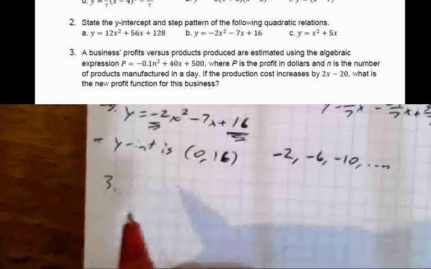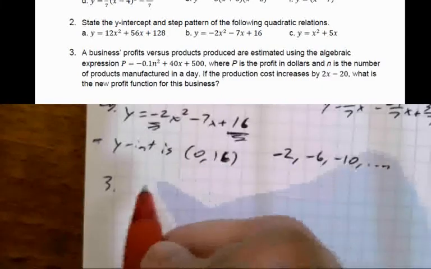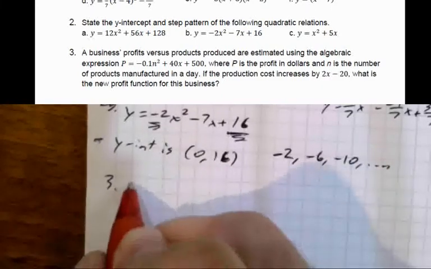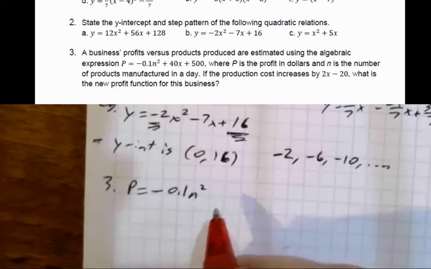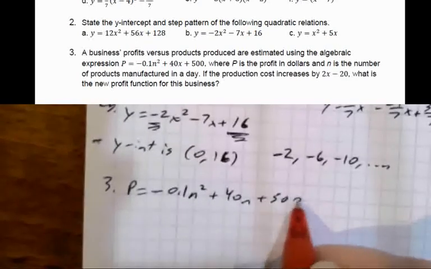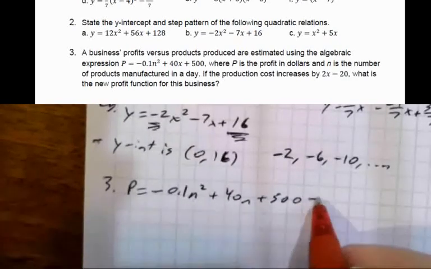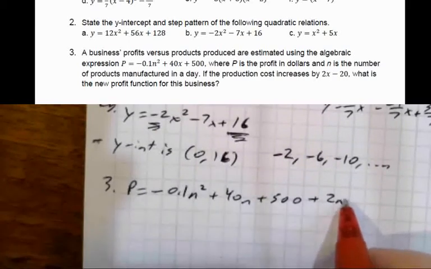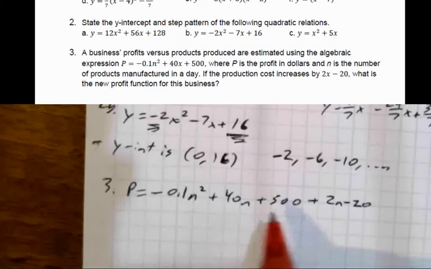So basically, that should be 2n minus 20, but it's P equals minus 0.1n squared plus 40n plus 500. And it's increasing by this 2n minus 20. Rather, the production cost is increasing by that.